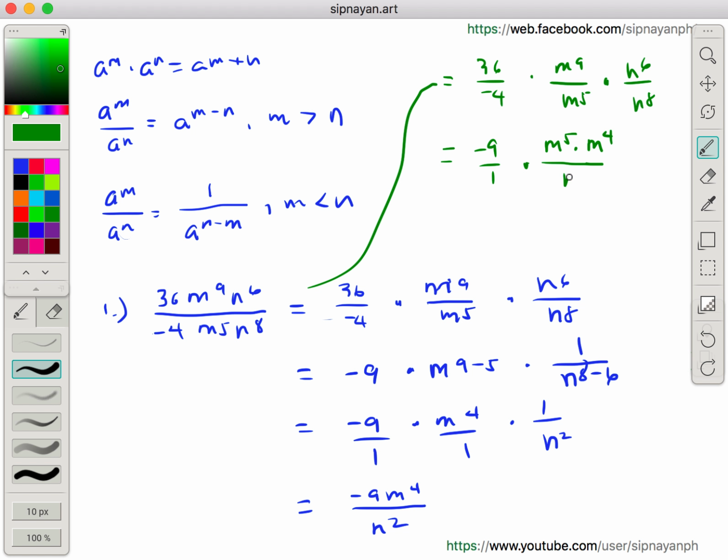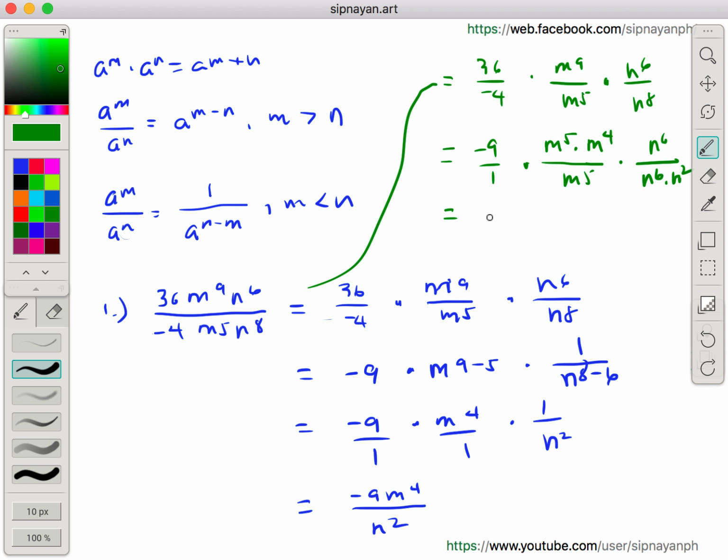Tapos meron tayong m to the 5th sa baba. Same principle here, dapat meron tayong n to the 6 sa baba. Kung alin yung mas malaking exponent, dapat ika-cancel natin yung mas maliit. So, meron tayong malaking exponent na n to the 8th, meron tayong maliit na exponent na n to the 6th. Dapat may n to the 6 tayo dito para matanggal siya. So, ang matitira na lang ay n squared. And then we cancel.